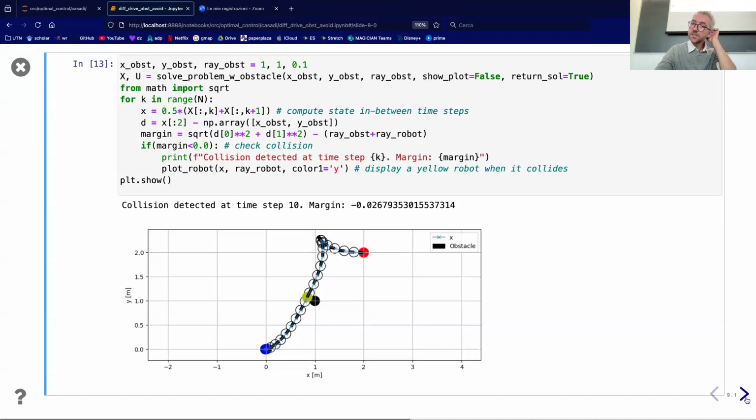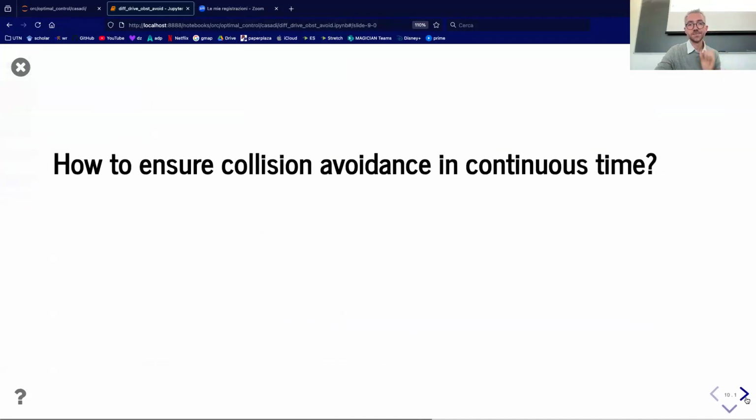Then how to solve this? We have different options. So one way is what you just suggested, which is use a smaller time step. Well, if you use a smaller time step, then of course it's going to be closer to continuous time constraints.